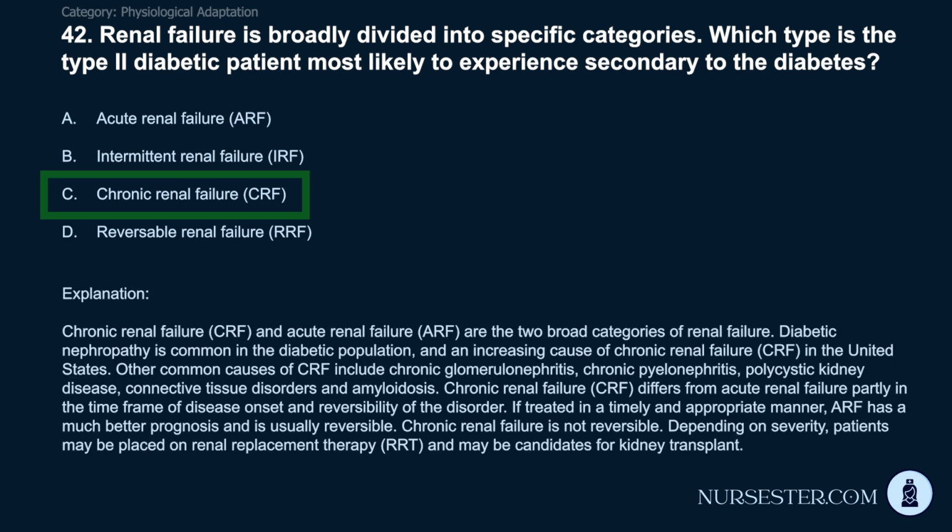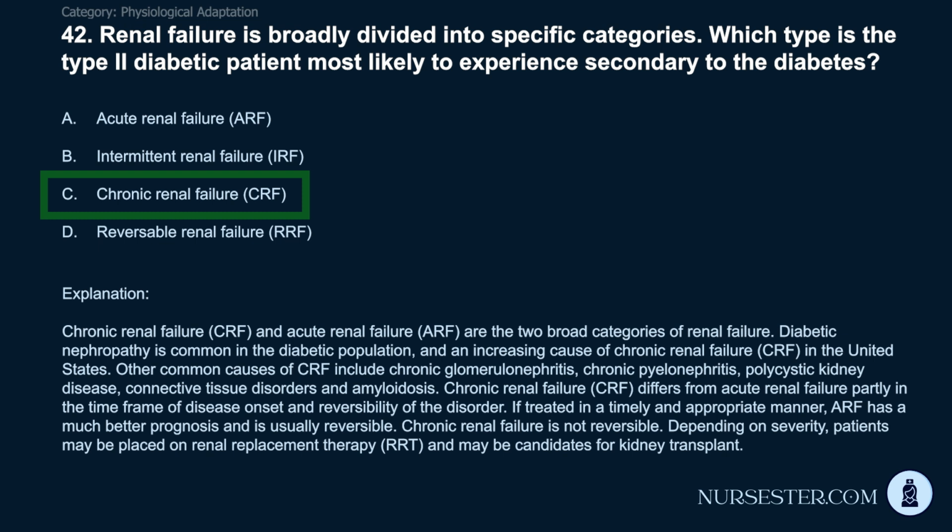Chronic renal failure, CRF, and acute renal failure, ARF, are the two broad categories of renal failure. Diabetic nephropathy is common in the diabetic population and an increasing cause of chronic renal failure, CRF, in the United States. Other common causes of CRF include chronic glomerulonephritis, chronic pyelonephritis, polycystic kidney disease, connective tissue disorders, and amyloidosis.